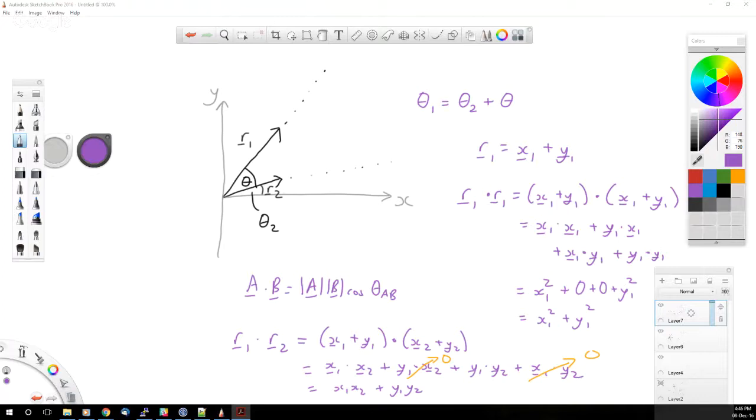But this idea of resolving into components is useful for the projectile questions, like exercise 10 as well. So I'll just go over that one as well.